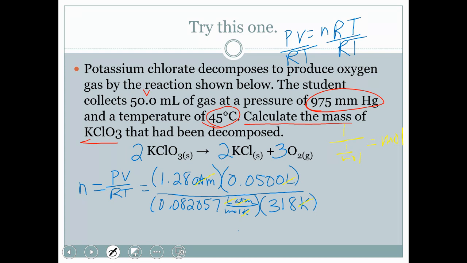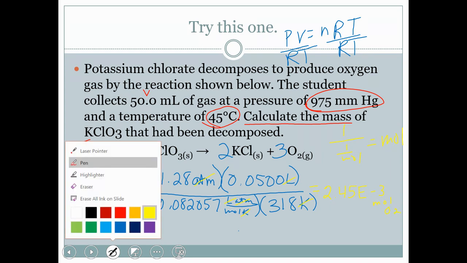So 1.28 multiplied by the volume divided by R divided by the temperature. And I got, let me see, how many sig figs do I need? Yeah, 3. 2.45. The answer is 2.45 times 10 to the negative third moles, and that's the gas, so that's oxygen.